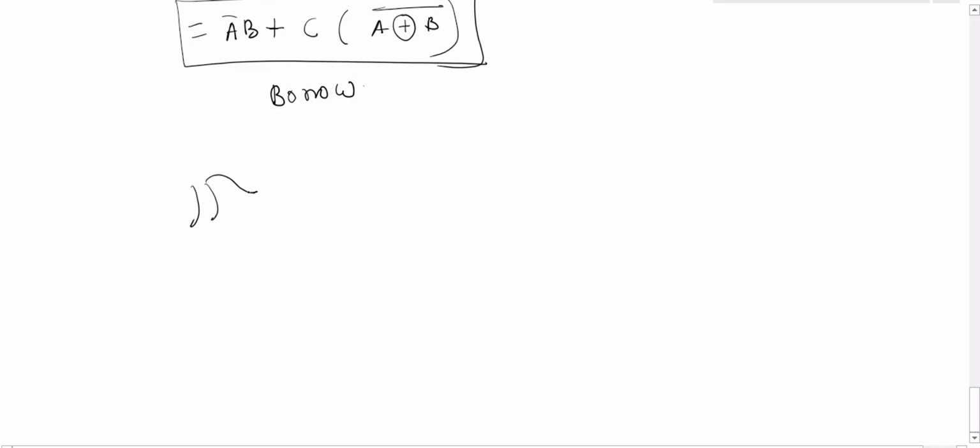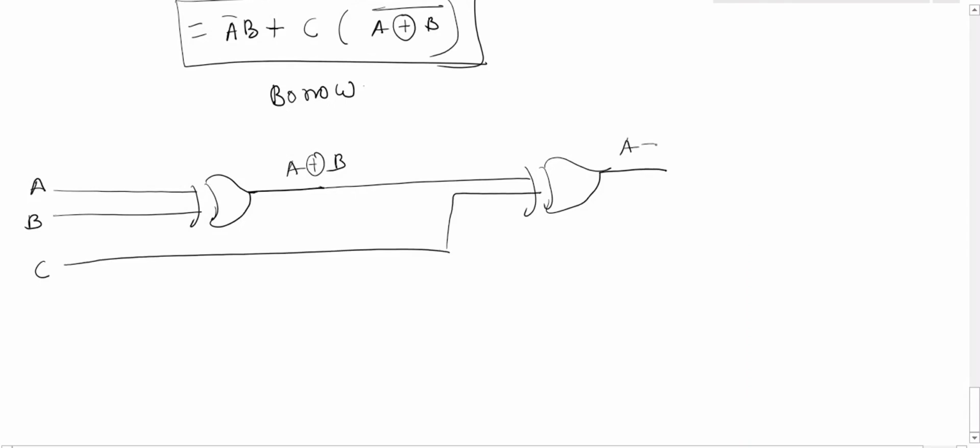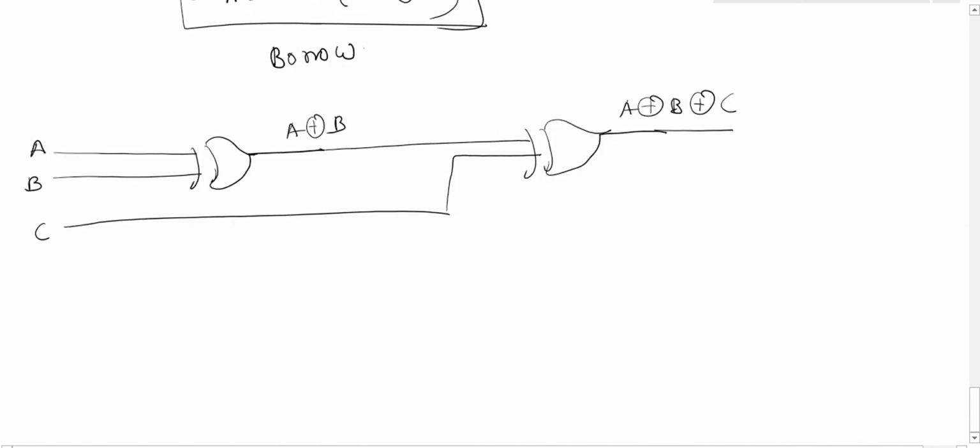The first half subtractor for the two inputs, input A, input B, is giving me the A XOR B. And this I am giving to the second XOR gate, and the second input I am giving as C. This is giving me A XOR B XOR C.